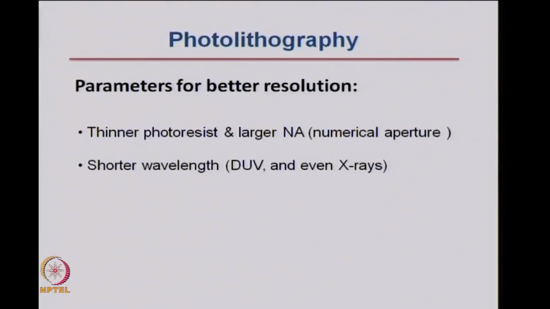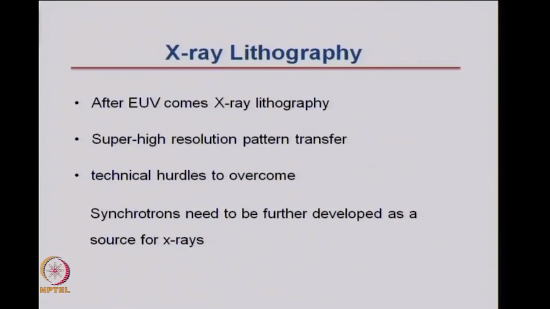Now, one thing which I already said is that for better resolution in photolithography, you need a large numerical aperture and short wavelength, and for short wavelength you can go to deep UV, extreme UV, or even X-rays. Now, if you want to go to X-rays, then we come to what is called X-ray lithography.